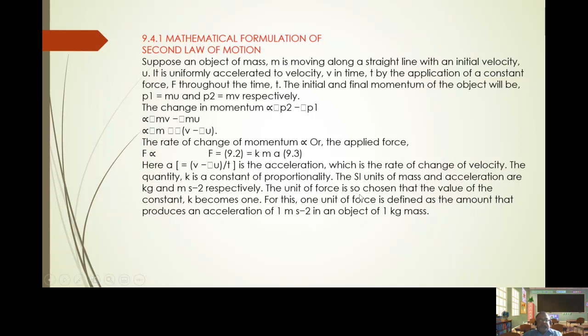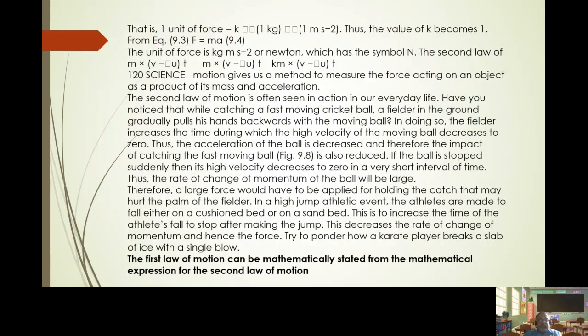That is, the unit of force is 1 kg times 1 meter per second squared, thus the value of k becomes 1. From the equation F = ma, the unit of force is kg meter per second squared, or Newton, which has the symbol N.